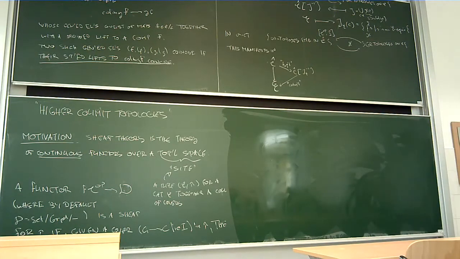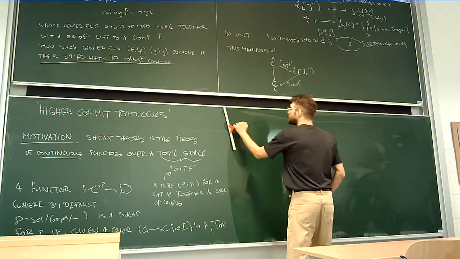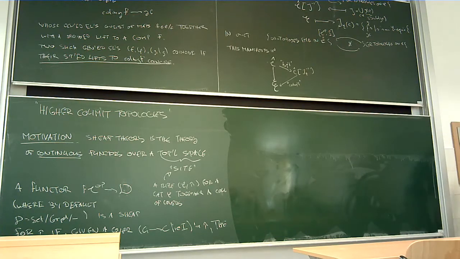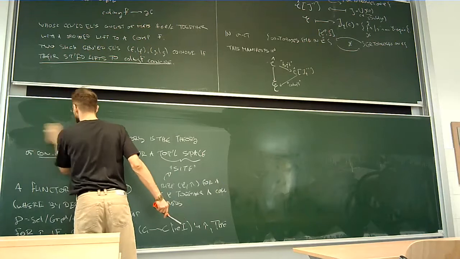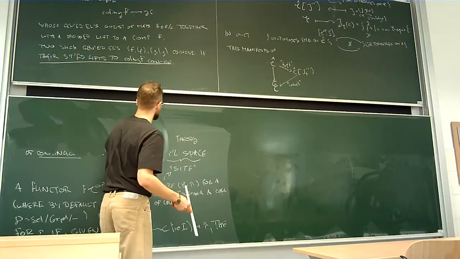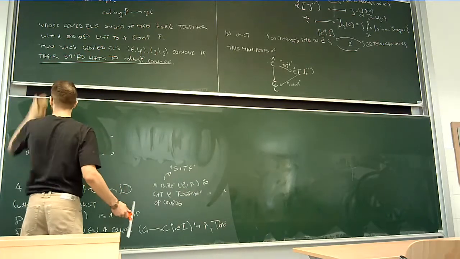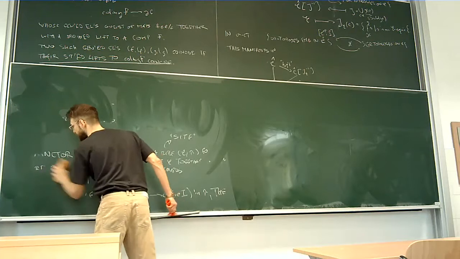Usually Grothendieck topologies are given by giving you a basis, right? So there's a notion of basis for a Grothendieck topology. And in this case as well, there's a notion of basis, which is easier to define in the examples we want.